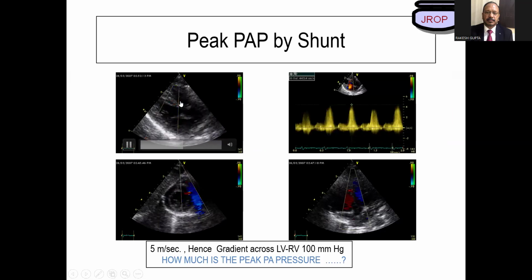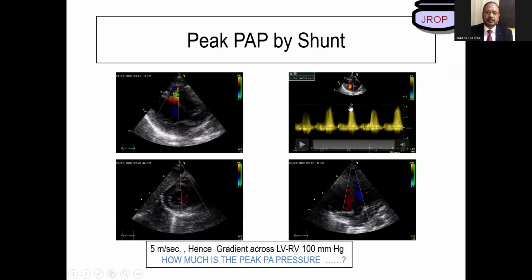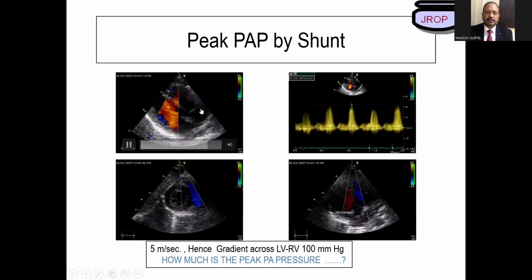Now, this is my LV, this is my RV, correct? LV is pushing blood into the RV through the shunt. And this shunt shows a velocity of 4 meters per second. If I use the Bernoulli equation, it is showing 64 millimeters of mercury gradient between LV and RV. Is that clear or not clear?